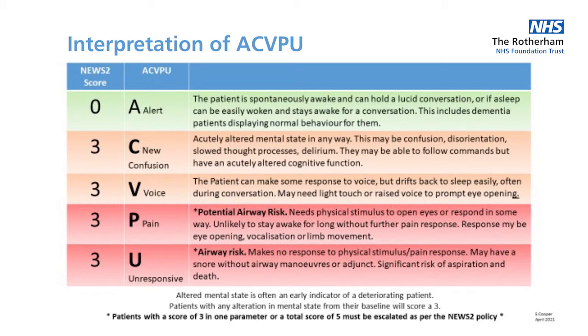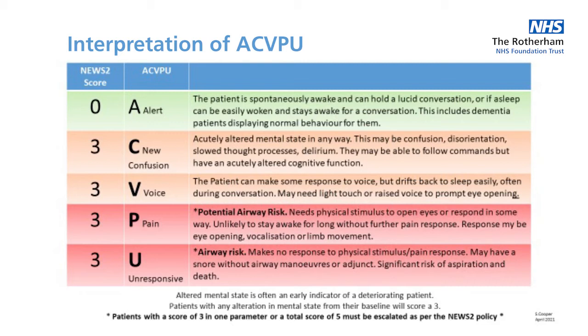But in this circumstance, the patient's eyes were open and as such was scored as alert. But in actual fact, should have been scored as a 3 for voice or a P for pain, because in actual fact, they didn't respond to pain responses despite the fact their eyes were open.